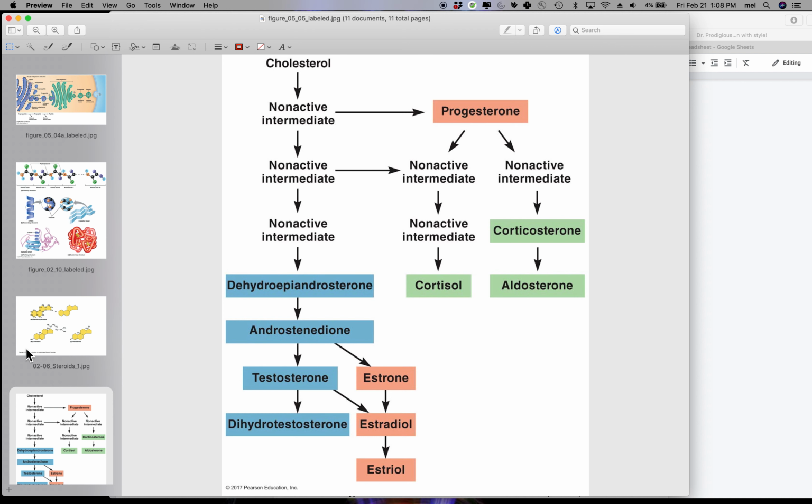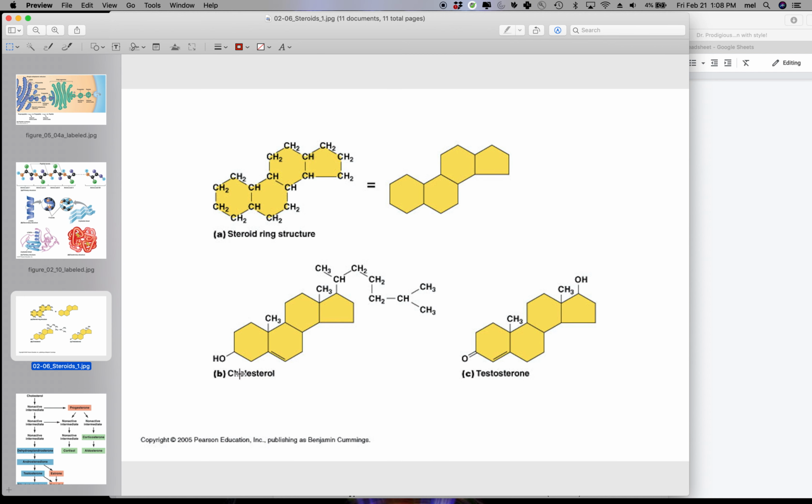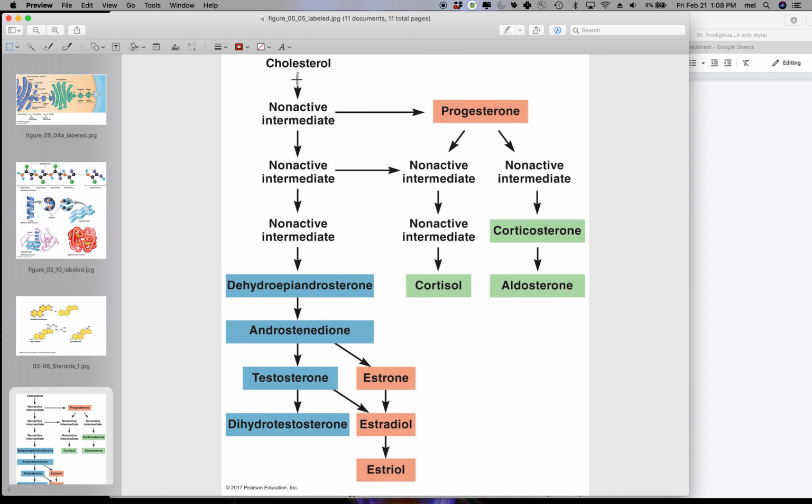So here's cholesterol, which is, of course, this guy right here. And cholesterol is the nutrient molecule, you also make it, from which all of these steroid hormones are derived. All of these blue ones right here are collectively called the androgens, and those are the sort of male sex hormones.